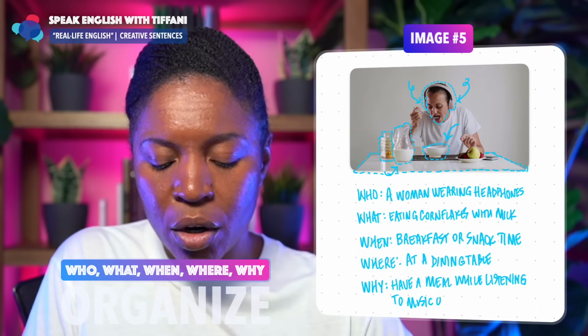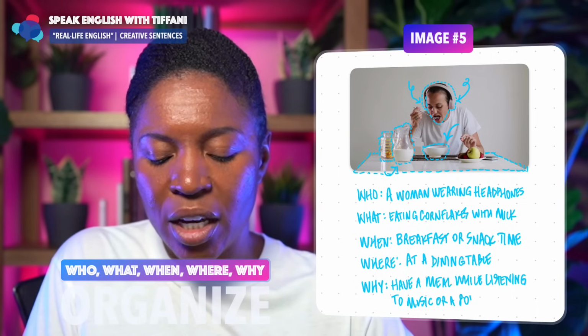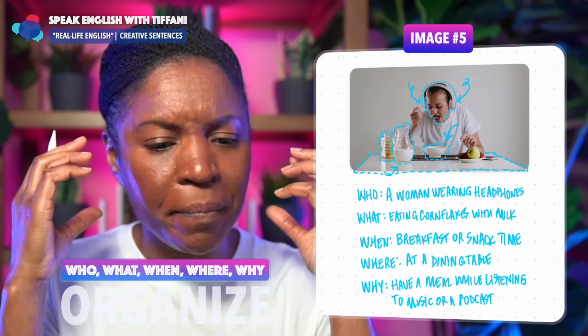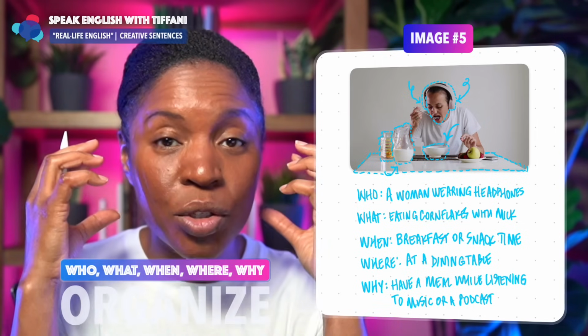All right? It might be music or it could be a podcast that she's listening to. Maybe she was listening to it and said, hey, I'm a little hungry. I want to eat something while I listen to this podcast.